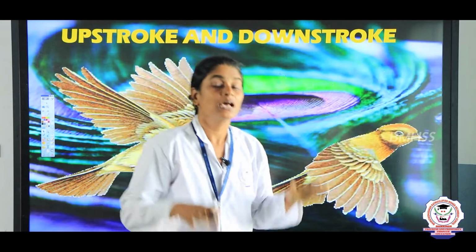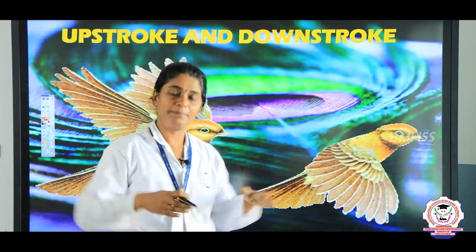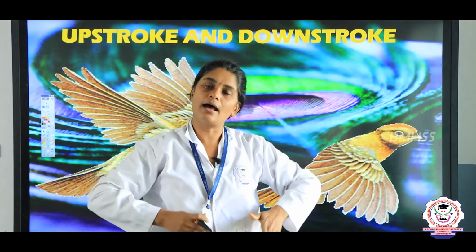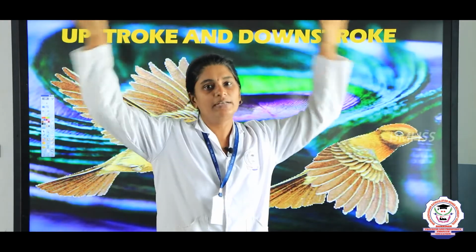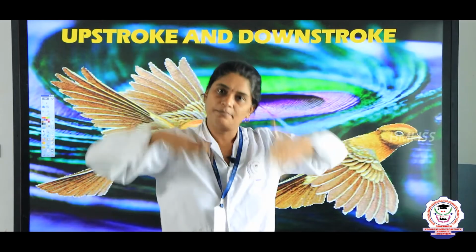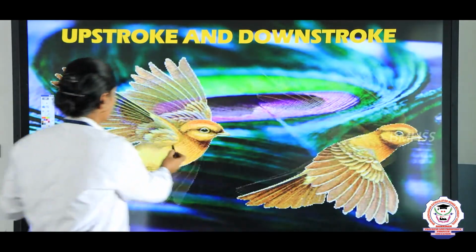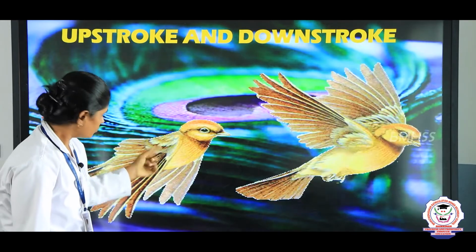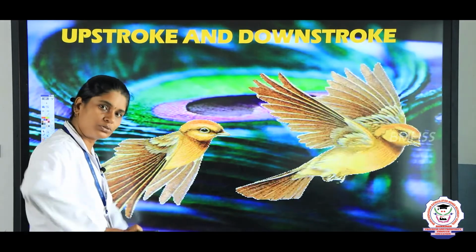Upstroke movement means some birds flip the wings in the upward direction, right? You can see here how the birds are moving the wings. You can see it is flipping from downwards to upwards.